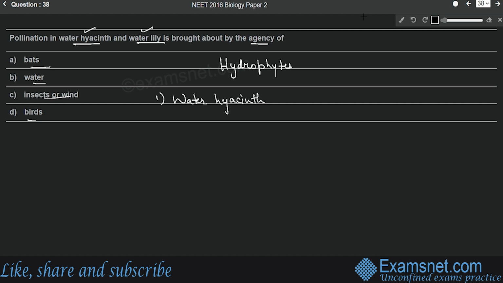Now the interesting thing is that despite being hydrophytes, these are not pollinated by water. So we can say that not all hydrophytes are pollinated by water.